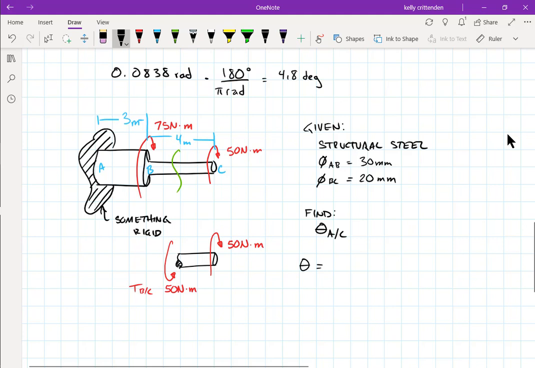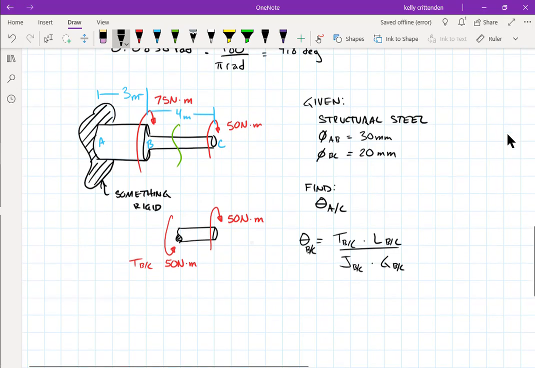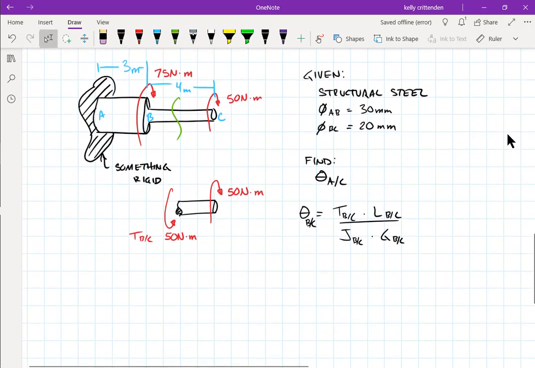Theta equals, or theta BC equals the torque in BC times the length of BC over the polar moment of inertia of BC times the modulus of rigidity for section BC. So everything has to be specific to section BC. So the torque, the internal torque, there's the 50 Newton meters. The length is 4 meters. The polar moment of inertia is pi over 2 times c to the 4th.